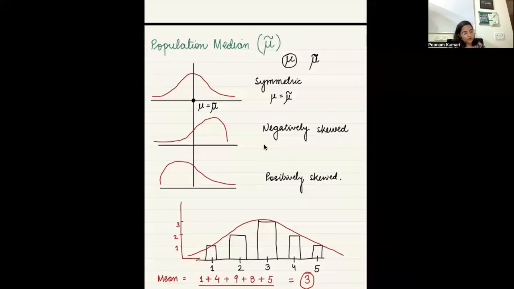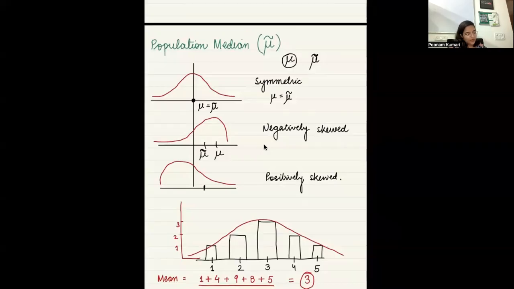Yes, ma'am. So my mean value is coming here and my median value is coming somewhere here, right? So what should be the case with the positively skewed data? The reverse of it, right? It will be the opposite. Yes, ma'am.